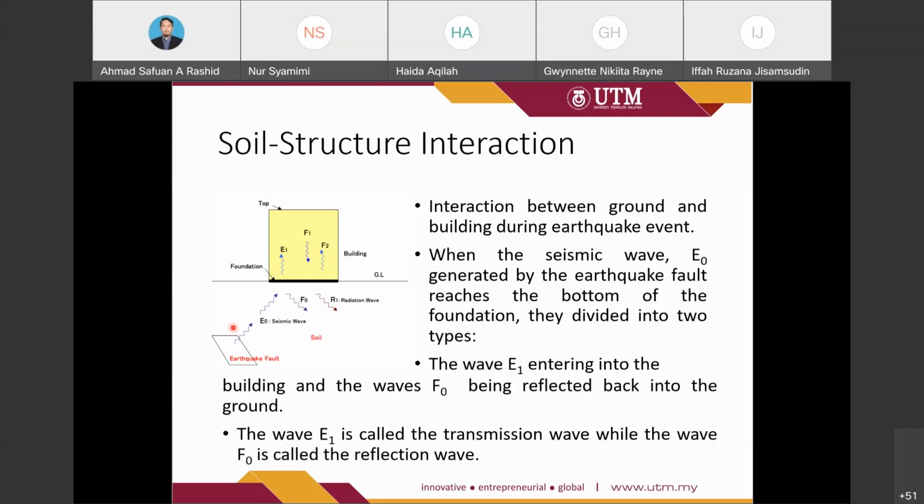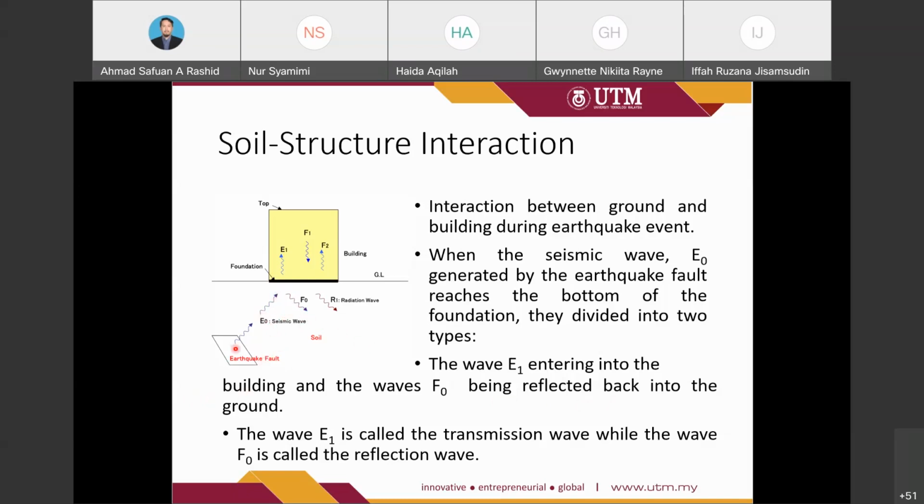The first one is the wave E1, which enters into the building, and the wave F naught is reflected back into the ground.